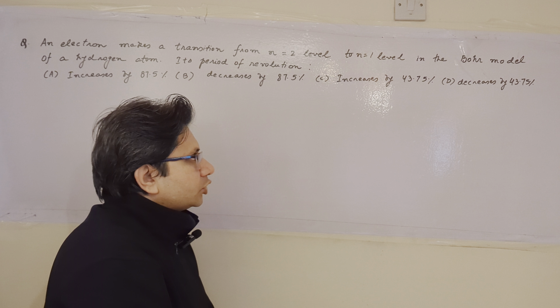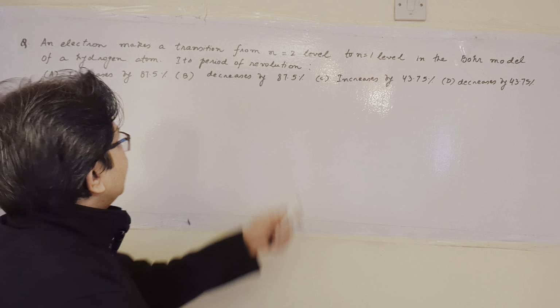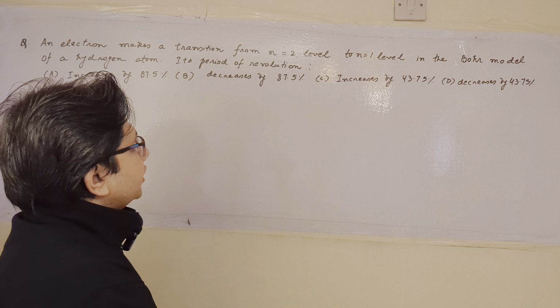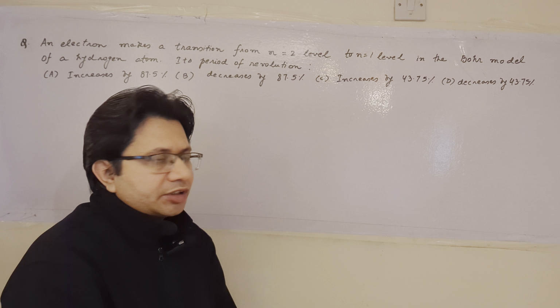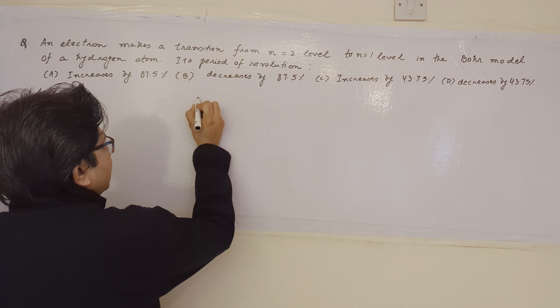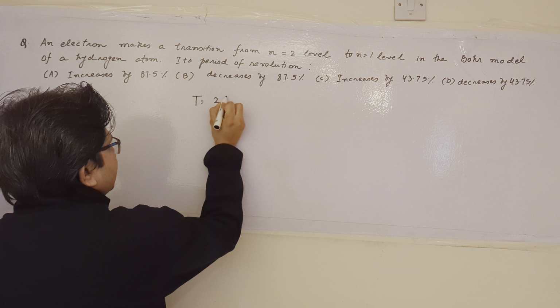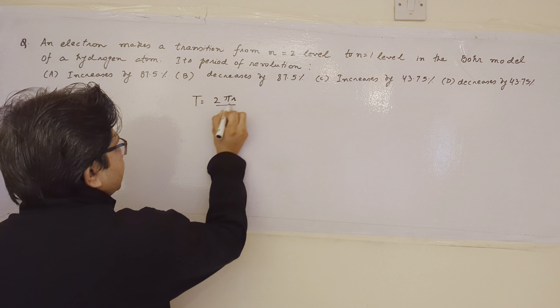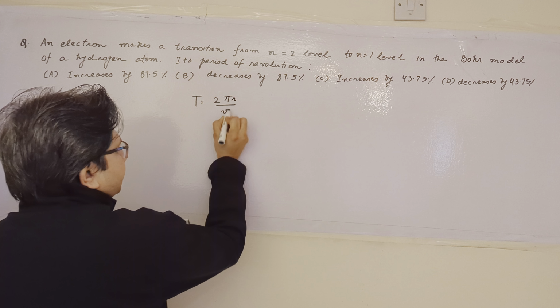So the problem is based on the topic, the Bohr model of hydrogen atom, and in particular some basic concepts of atom and nucleus. Now we know that the time period of revolution of an electron in an orbit is 2 pi r upon v.